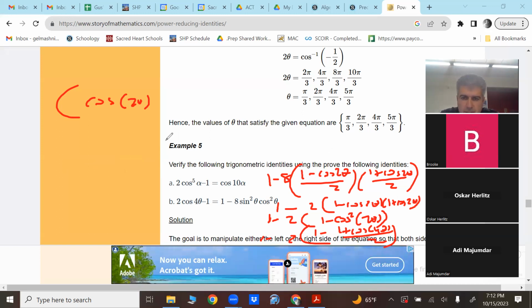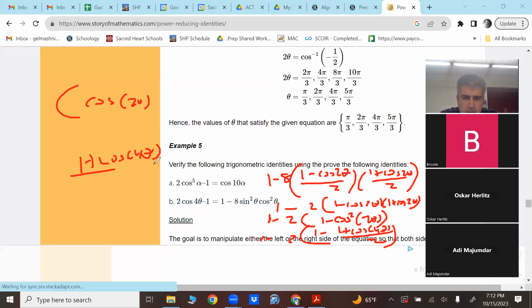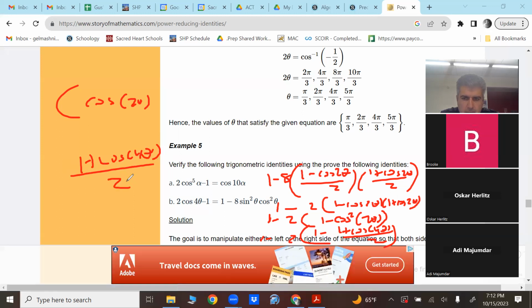Shoot, hold on. Get 4, that's 2, 1. Yeah, so you should get 1 plus cosine 4 theta over 2.